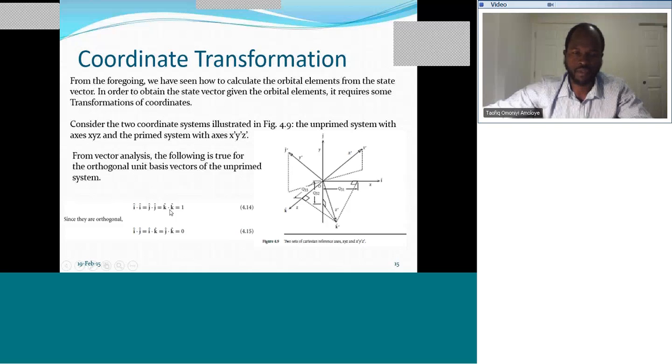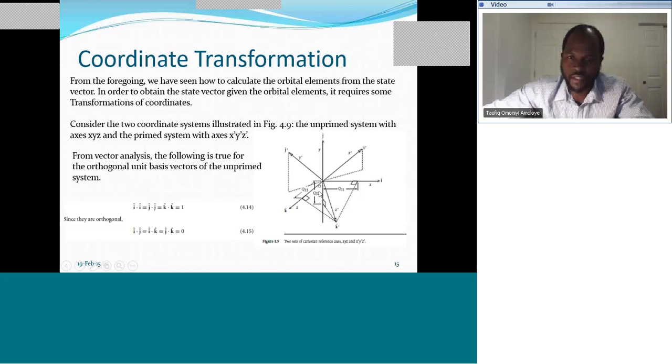If we consider 2 Cartesian coordinate systems, such as illustrated in figure 4.9, we look at an unprimed system with axes x, y, z, and then the primed system with axes x prime, y prime, and z prime.